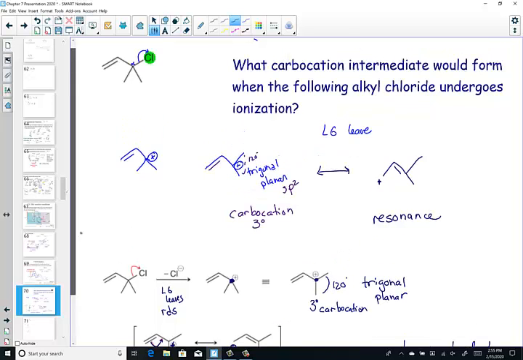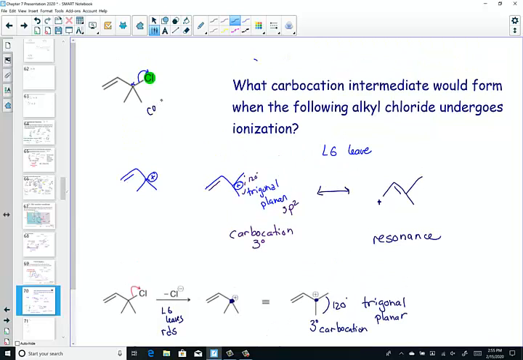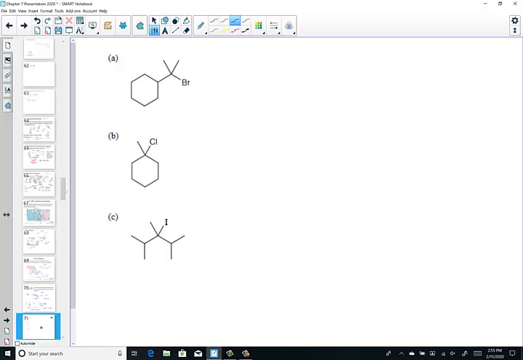So the carbocation stability is very high, which gives you an indication that E1, SN1 is very likely as a mechanism. And here are some example homework questions, drawing the carbocation that would result.